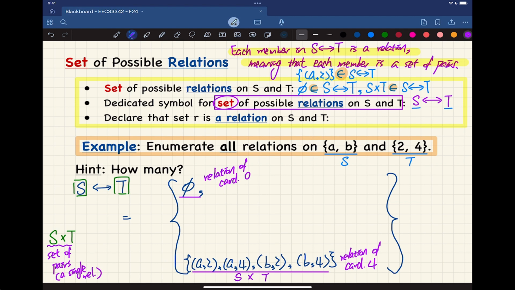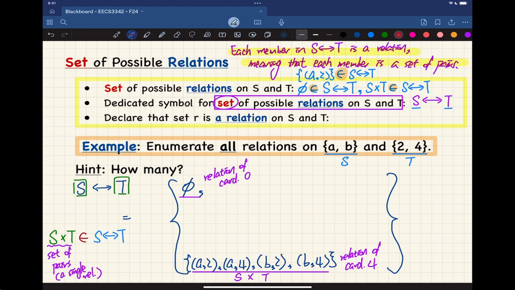And when we are talking about this guy here, S double-headed arrow T, or S relation T, this one is not a single relation. It's a set of all possible relations you can construct from S and T. So now the correct way to compare this would be is a member of. Okay, but I'm glad you asked. That's good. It's important to clarify.